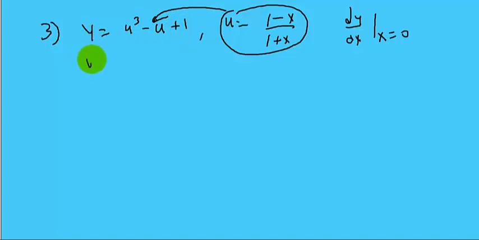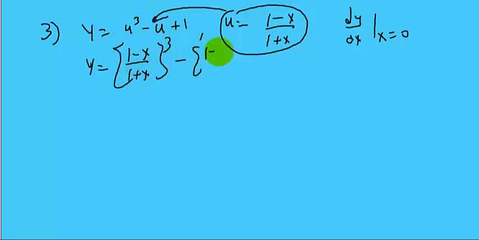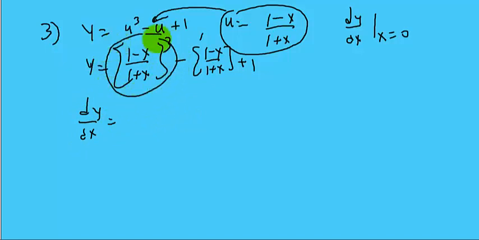So y now turns into ((1 minus x) over (1 plus x)) cubed minus (1 minus x) over (1 plus x) plus 1. Now it's in terms of x and y, so I can find dy/dx. The only thing is I have to use the chain rule here. 3 times ((1 minus x) over (1 plus x)) to the power of 2.